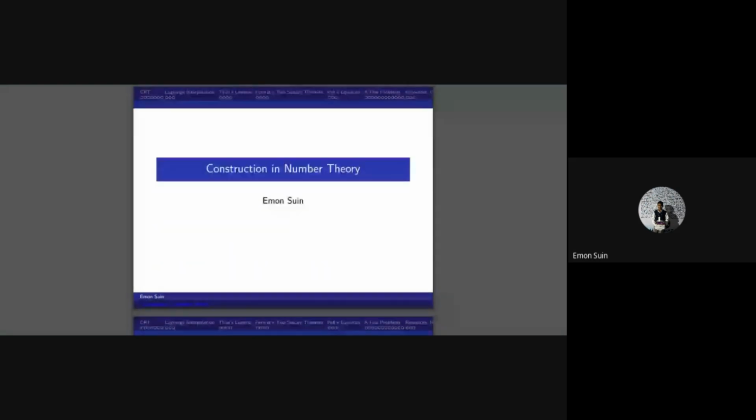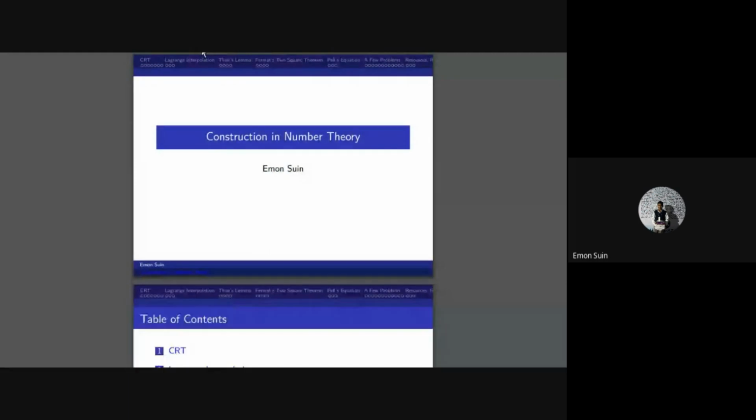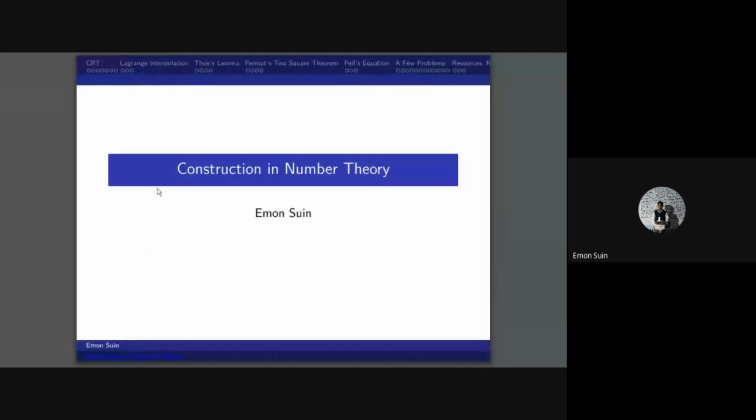So what exactly do we mean by constructions in number theory? As we all know, we often face questions in Olympiad saying prove that there exist infinitely many integers satisfying some conditions. We don't care about what the conditions are; they are given in the problem.